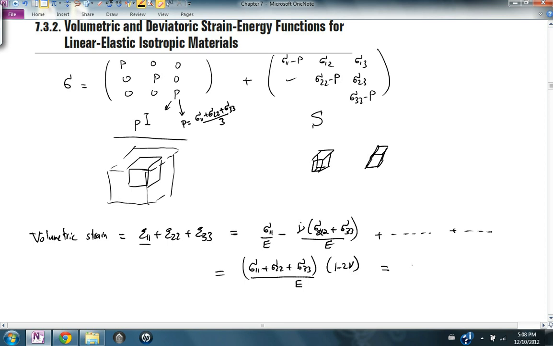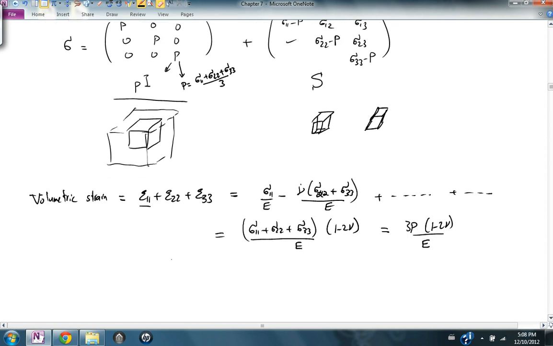So this is equal to 3P multiplied by 1 minus 2 Poisson's ratio over E, which tells me that the change in volume, delta V over V, happens only if I have P. That P and the volumetric strain are related.